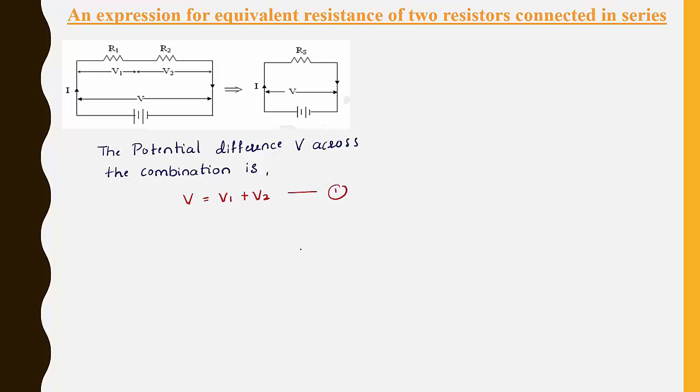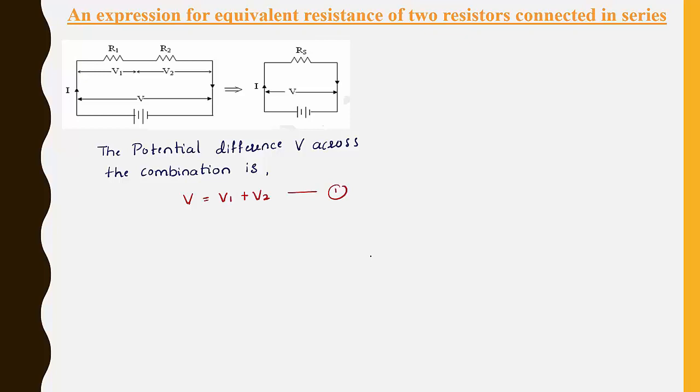If the equivalent resistance of the combination is Rs, I am going to consider the resistance Rs instead of R1 and R2, which are now connected in series. Rs means the equivalent resistance in series combination.